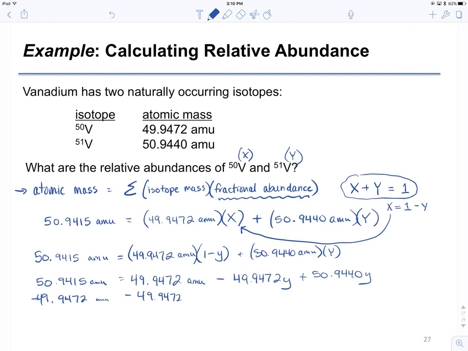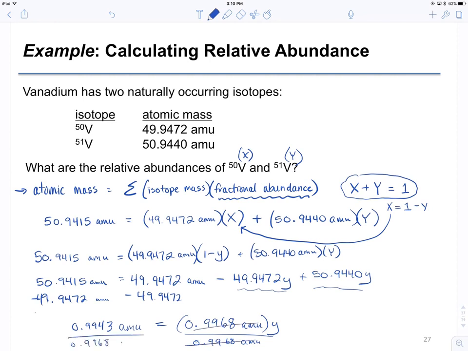And get 0.9943 is equal to, we can add these numbers together, the Y's, that gets 0.9968 AMU times Y, and solve for Y by dividing by 0.9968. Units will cancel. Y is a unitless number.